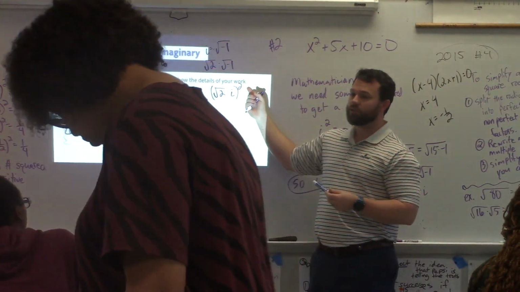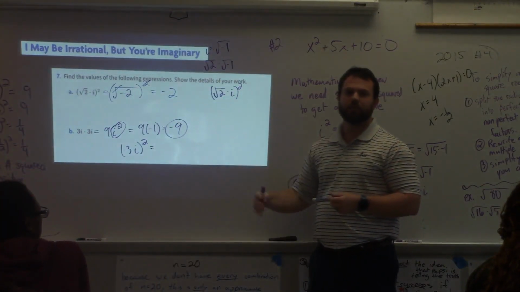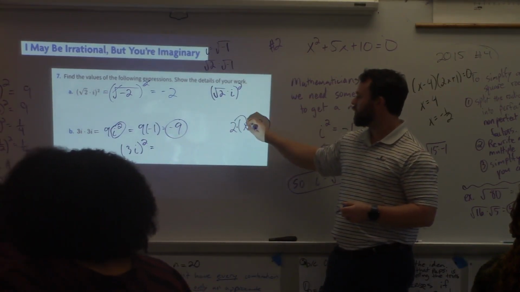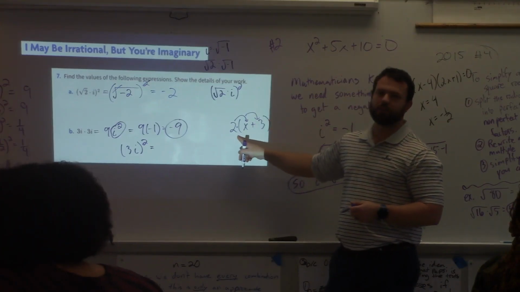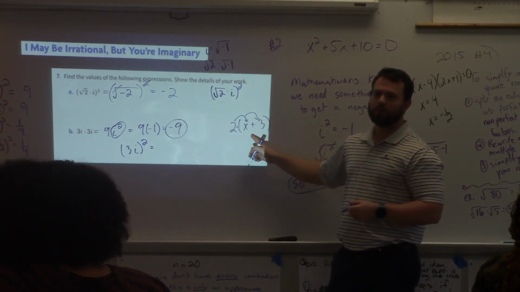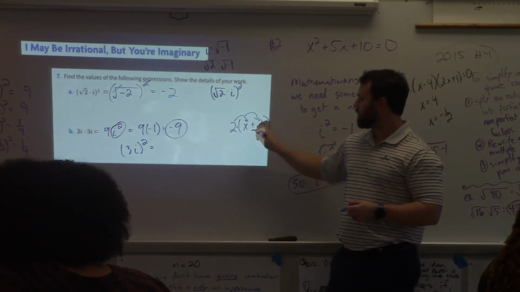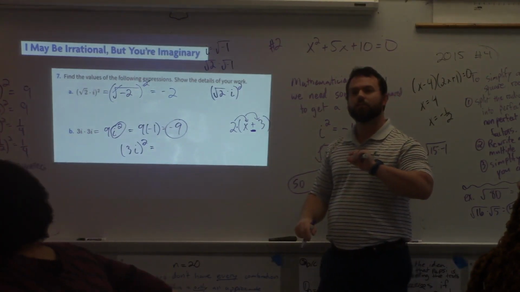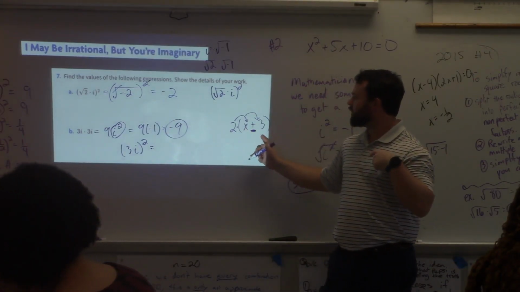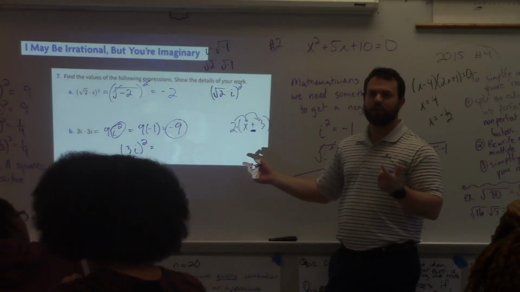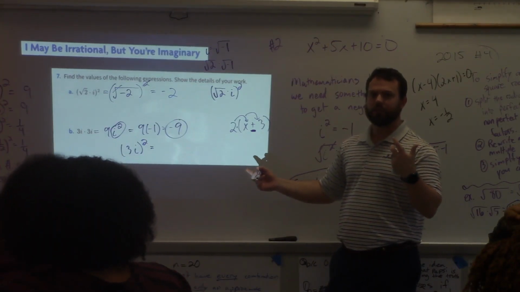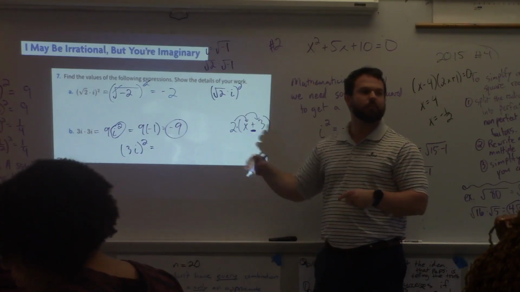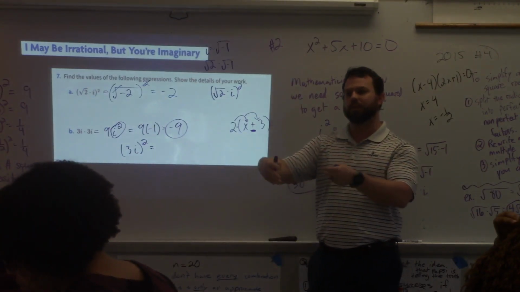Just like you can distribute multiplication over what? Addition and subtraction. You can distribute multiplication over addition and subtraction, because what is multiplication? Repeated addition. And you can distribute an exponent over multiplication because an exponent is repeated multiplication.